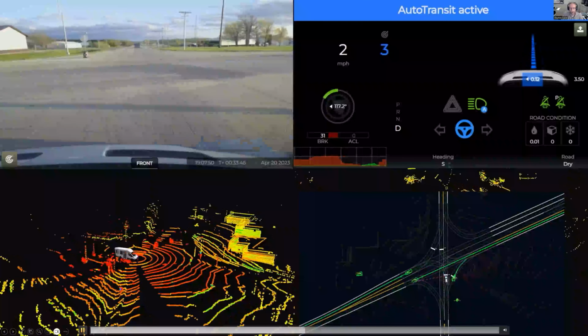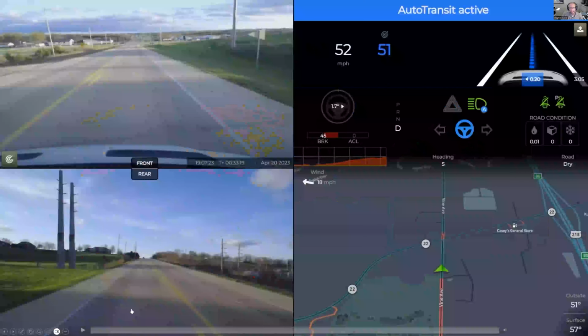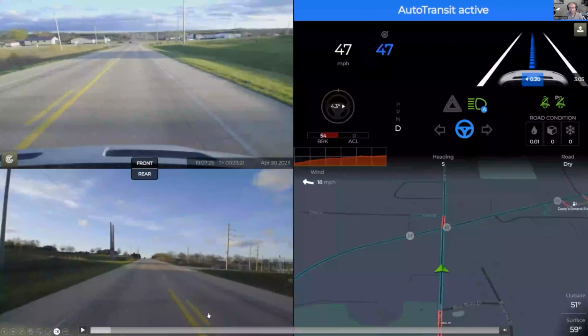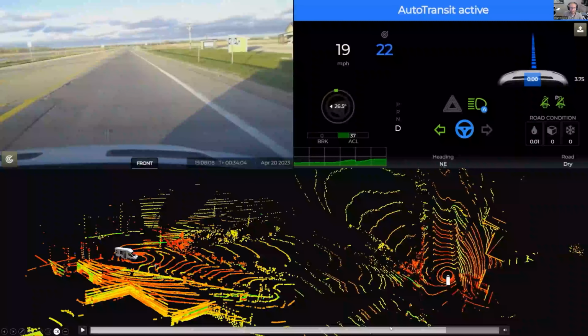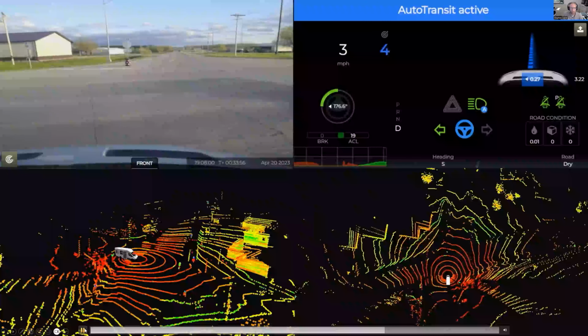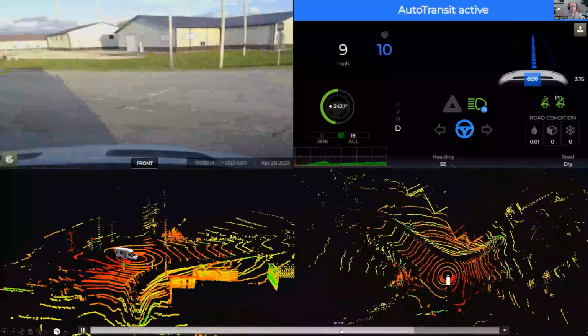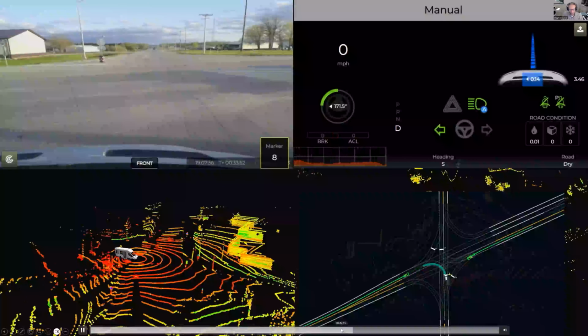As we play here, you'll see the safety driver take it out of automation as we go through the intersection.